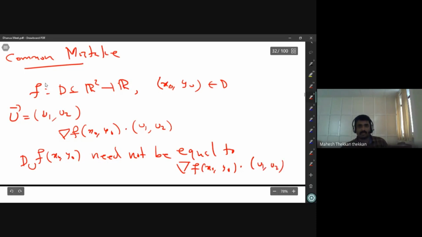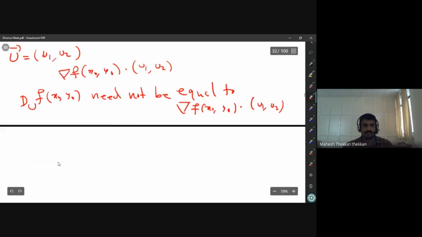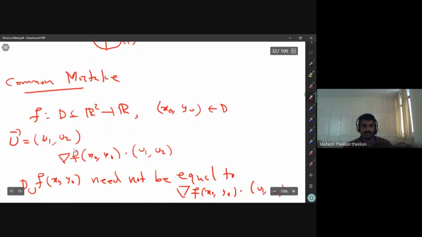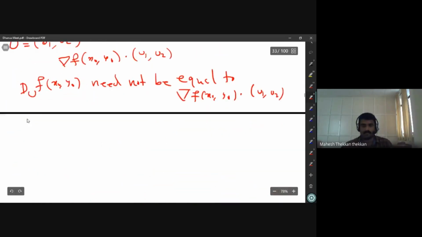These two need not be equal in general. Certain conditions are needed on f, and only then will they be equal. So by being given some function, you cannot directly use del f dot u to find the directional derivative. I will give you an example so that these two are not equal.